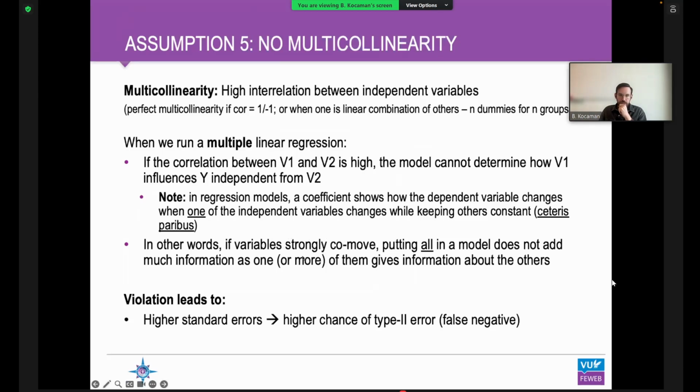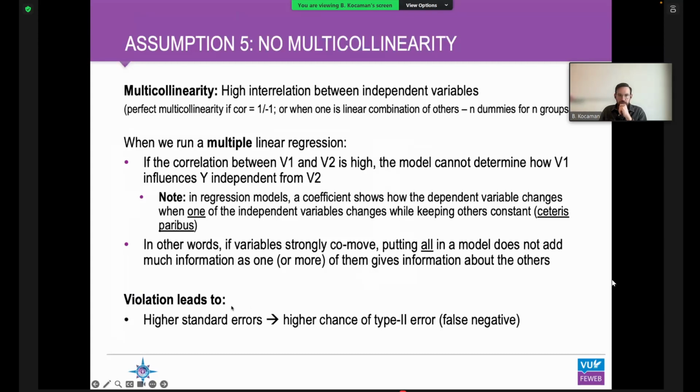You can also think of this as, if these two variables are very similar to each other, if they move together, putting one over the other does not add more information, because the information of this increase is already stored in the first variable or the second variable.